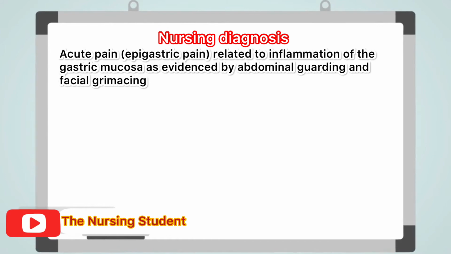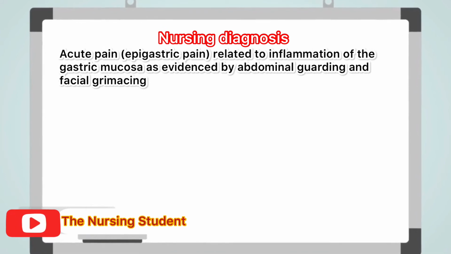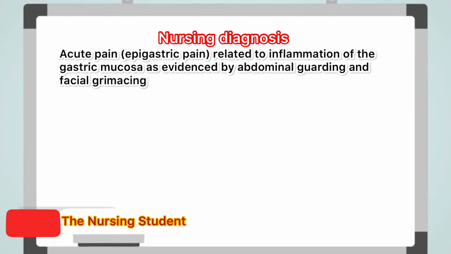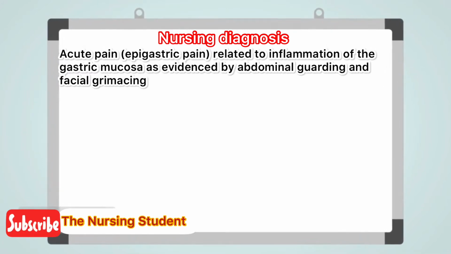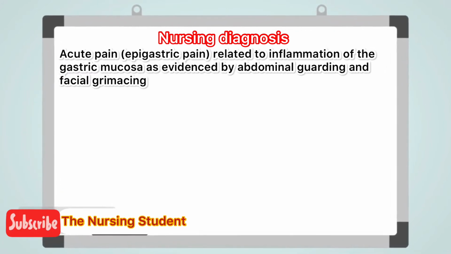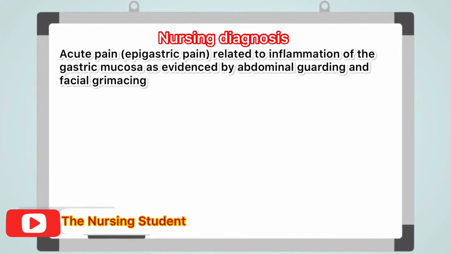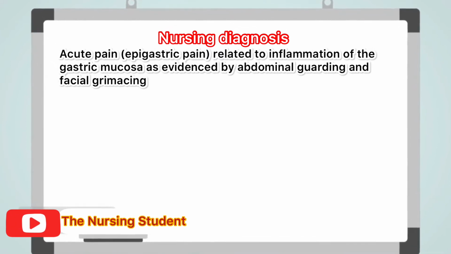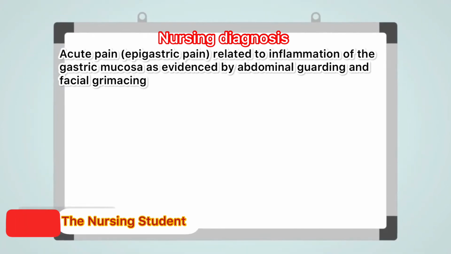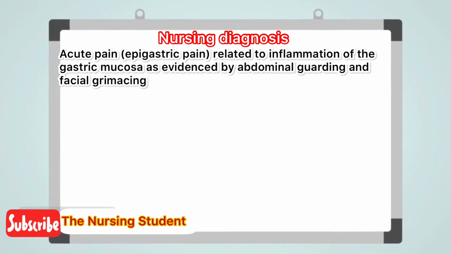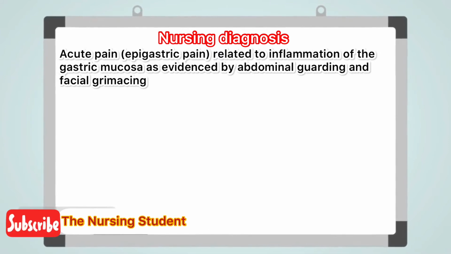This is a nursing diagnosis for a patient with acute pain who is suffering from a stomach disorder, let's say peptic ulcer or gastritis or gastric ulcer or duodenal ulcer. So the nursing diagnosis is acute pain, in brackets epigastric pain related to inflammation of the gastric mucosa as evidenced by abdominal guarding and facial grimacing.